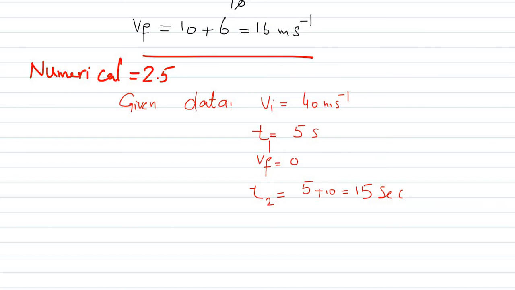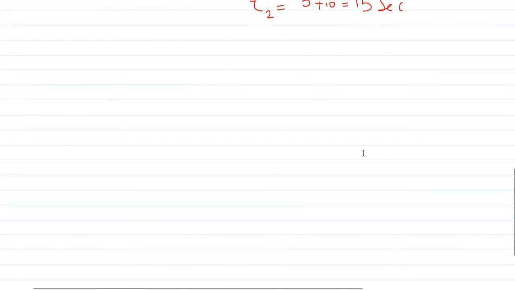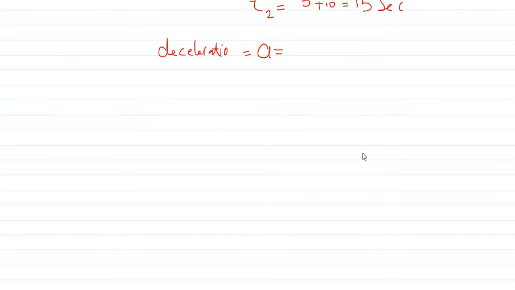Now here we have to find deceleration a and distance traveled by the car s. Deceleration means negative acceleration, and we also have to find distance s covered by the car.